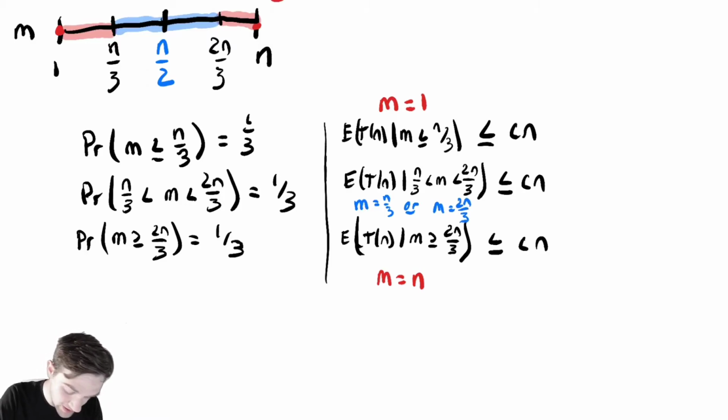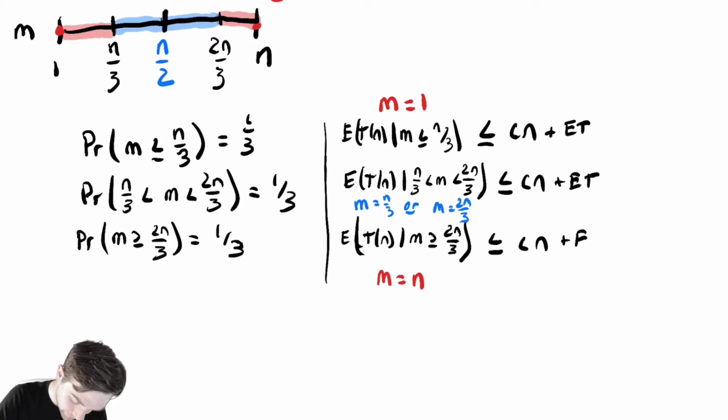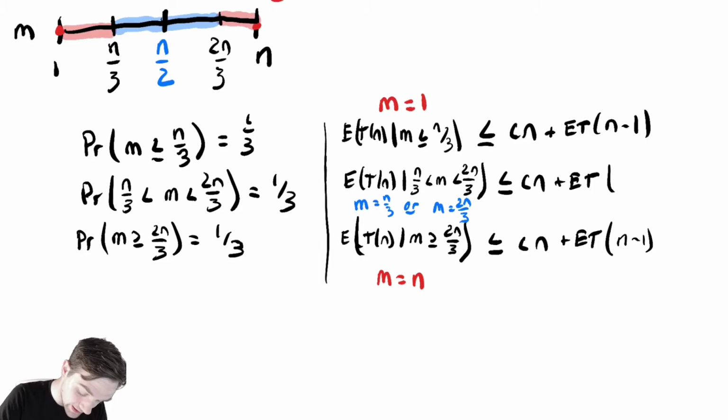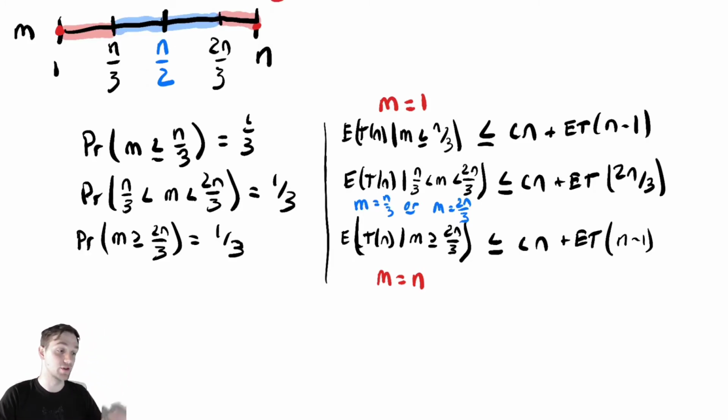So, with all this information under our belt, we have the expected times here. For the first one, we're searching the remaining n minus 1. For the last one, we're doing the same. And in the middle one, we're doing 2n over 3. With either of our choices, we're either searching the first 2n over 3 or the last 2n over 3. But no matter what, if we're being a pessimist, we are always searching 2n over 3 of the elements.